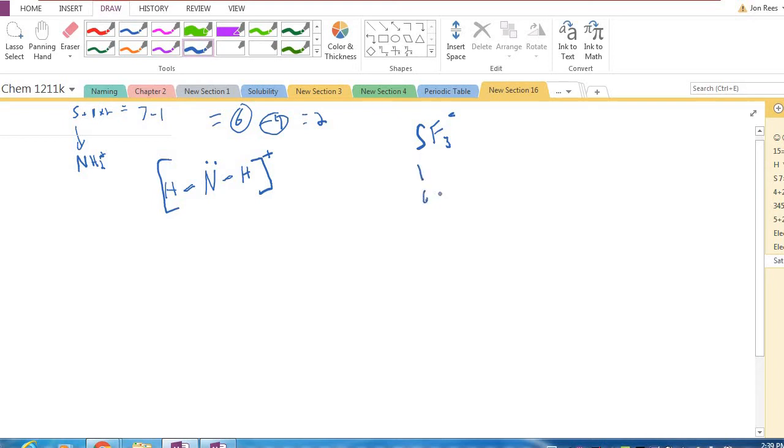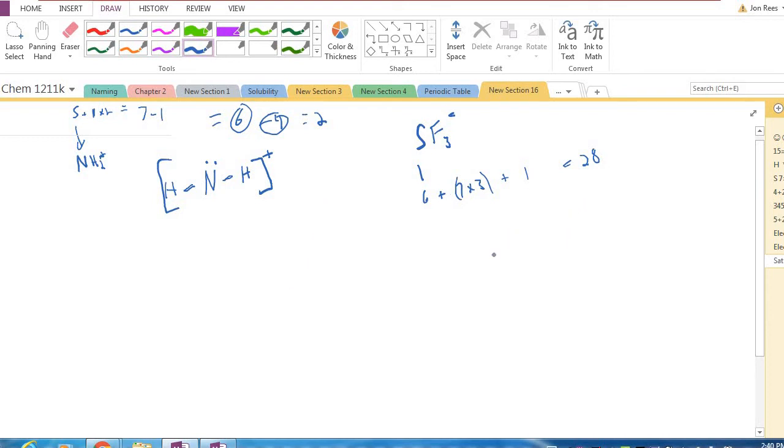Sulfur has 6, plus there are 7 in fluorine, but I've got 3 of them, so it's 7 times 3, which is 21. Then 21 plus 6 is 27, plus the 1 from the ion charge is 28. I've got to account for 28 valence electrons in this particular ion.